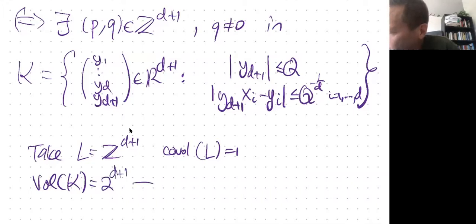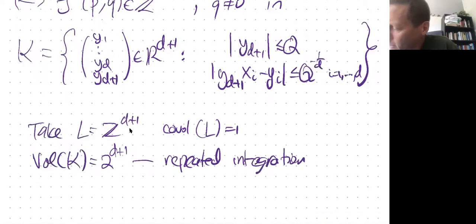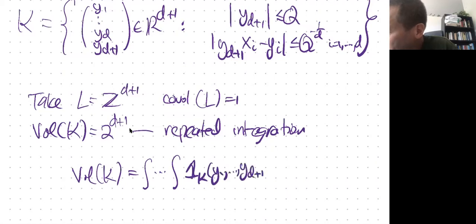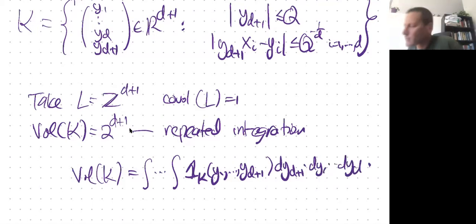So repeated integration. The volume of K is the integral over, so we're integrating d+1 times, and here we have the indicator function of K. We integrate in this order.